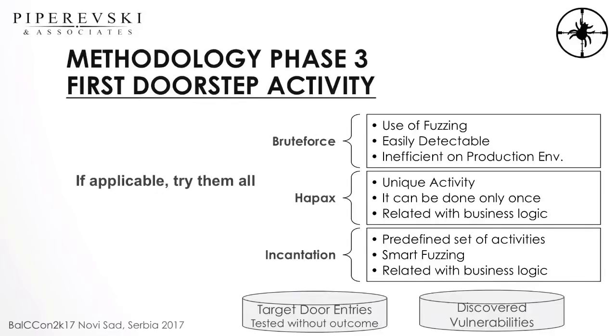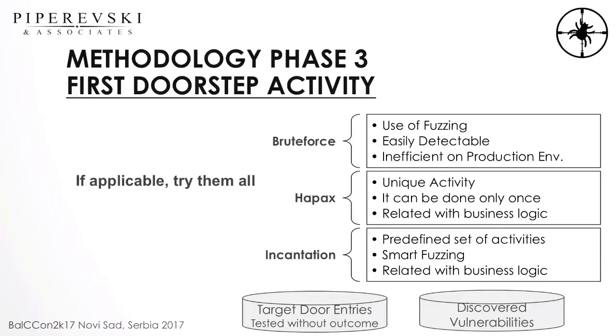Brute force is classical. You are hackers, we all know. We can use fuzzing. But brute force is very easily detectable by the IDS. It's very loud, and it is really easy to detect if there is a security control in place, and it might get you out of the way of finding a vulnerability. So brute force is not the right approach.